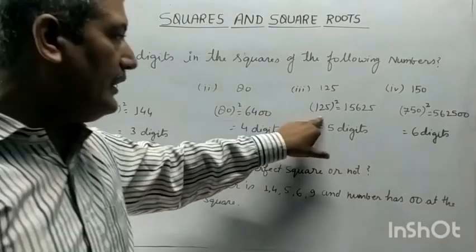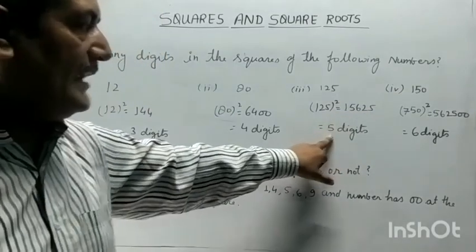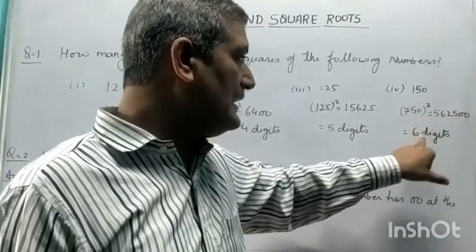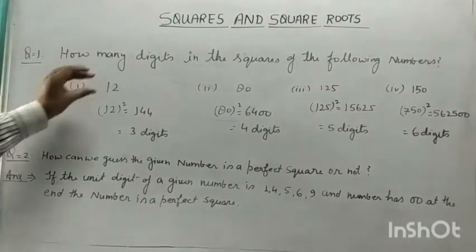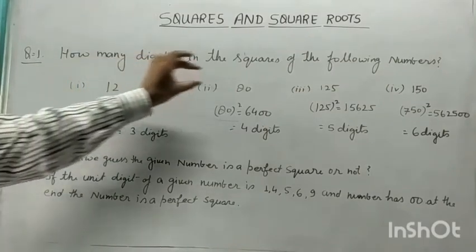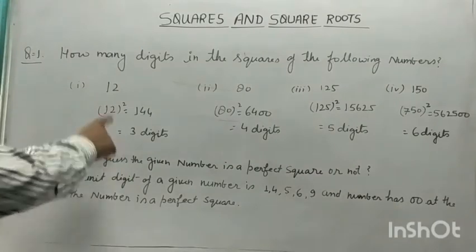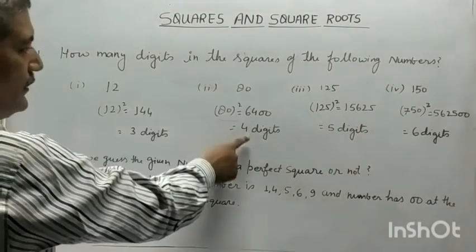Square of 125 is 15625, 5 digits. Square of 750 is 562500, 6 digits. Here we see 12 has 2 digits and 80 has 2 digits, but the square of 12 has 3 digits and the square of 80 has 4 digits.